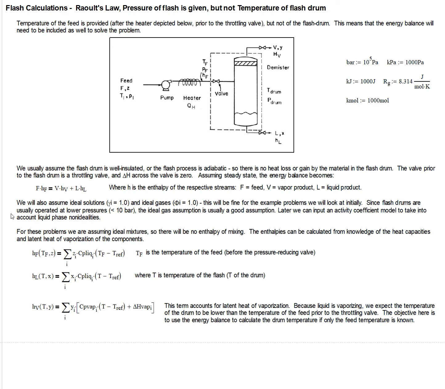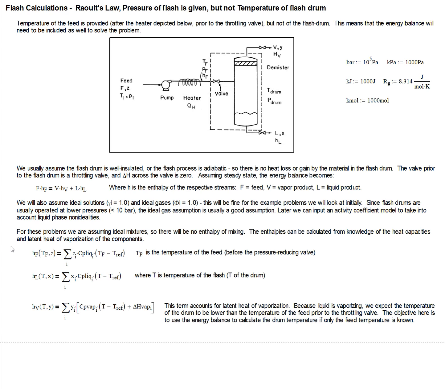And as long as we have components that do not have strong intermolecular interactions, then we are okay with the ideal liquids as well. This also means that we don't have to worry about enthalpies of mixing. And so this simplifies things quite a bit.